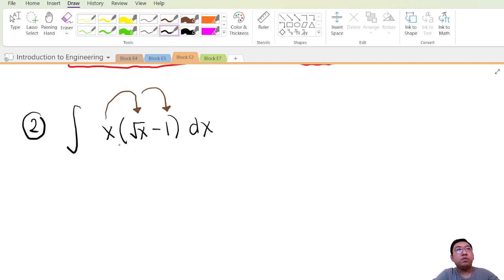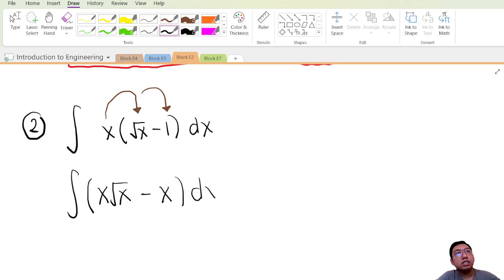So for the first one, we have here the integral of x square root of x. If you multiply x and square root of x, you get x square root of x. And then x multiplied to negative 1, that's negative x with respect to x. Okay. So now, how do we deal with x square root of x?